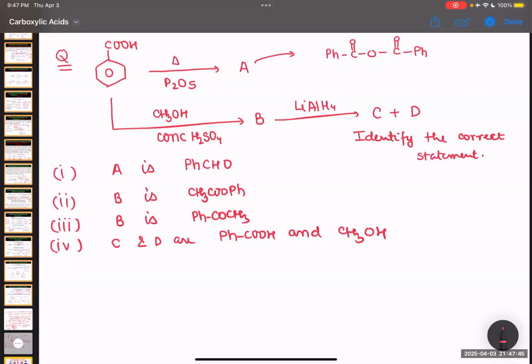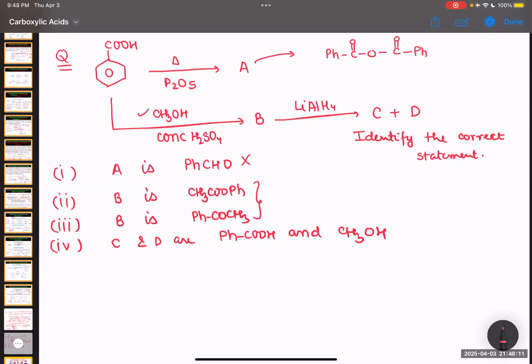Meera and Upasana, is it clear or not? Yes, sir, clear. Okay, so this is incorrect. And if you heat it with an alcohol, you will end up with an ester. Now second and third are both esters, so which is going to be the right option?